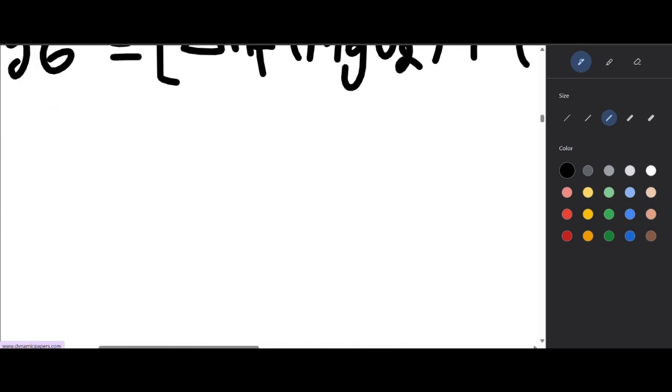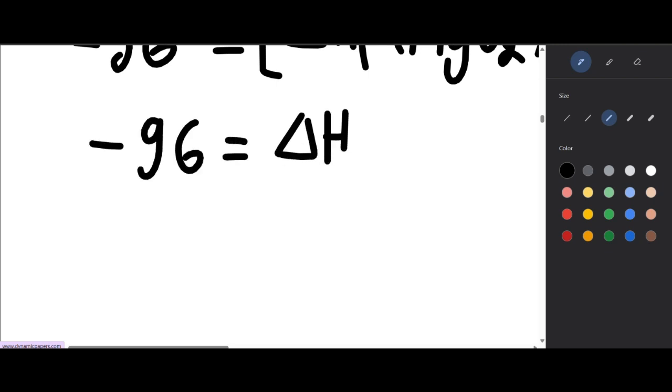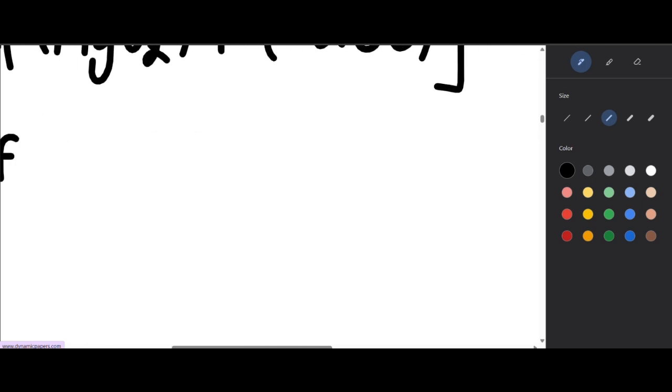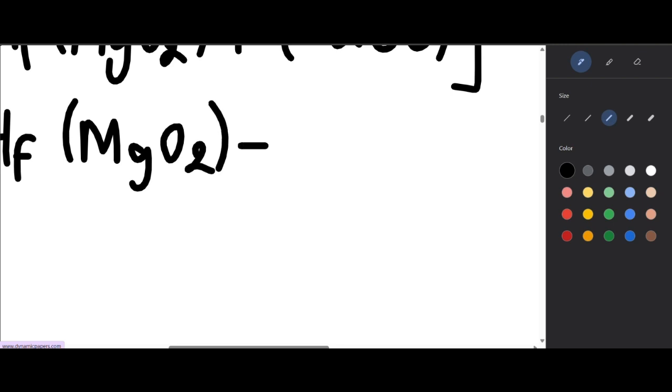So it becomes like this: minus 96 is equal to delta H, enthalpy change of formation of the MgO2, plus 504.